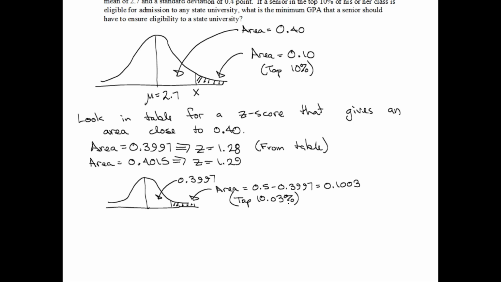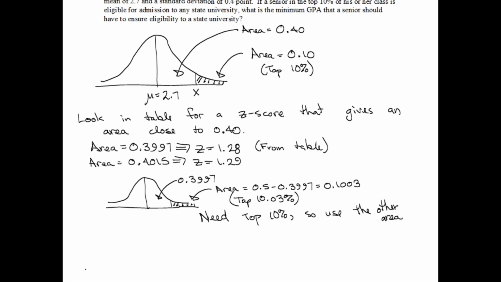Now, while this would get you very close to the correct answer, we don't want to use this because if a person was at the very bottom of this shaded area, in other words, if they were between 10 and 10.03, they would not quite make the cutoff to be eligible for the automatic 10% admission. So we're going to use the other area, just because we do not want to risk falling below that cutoff.